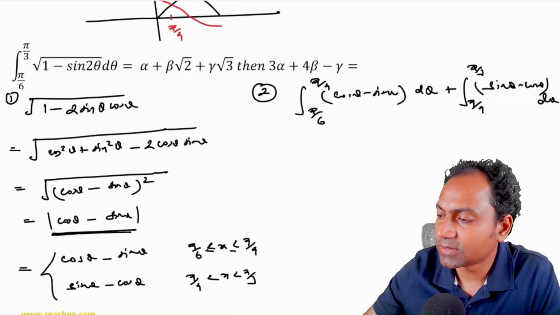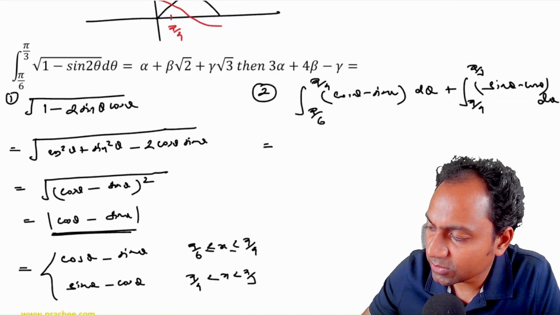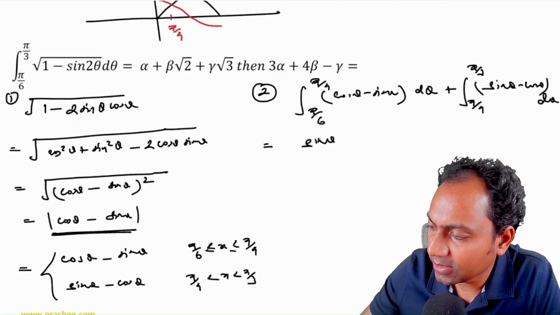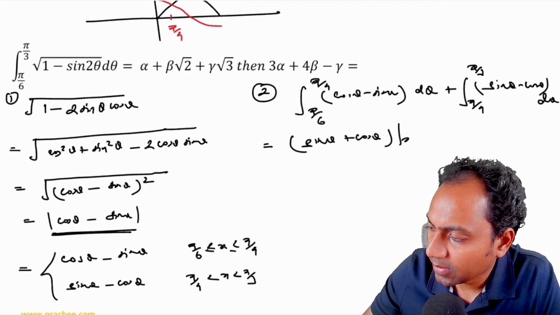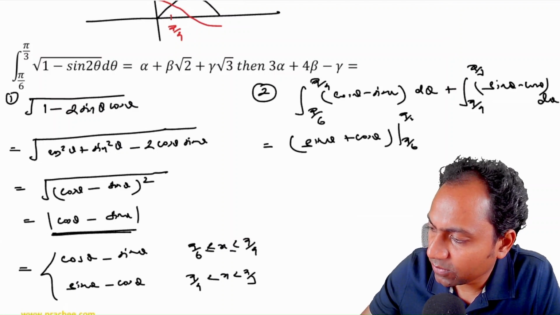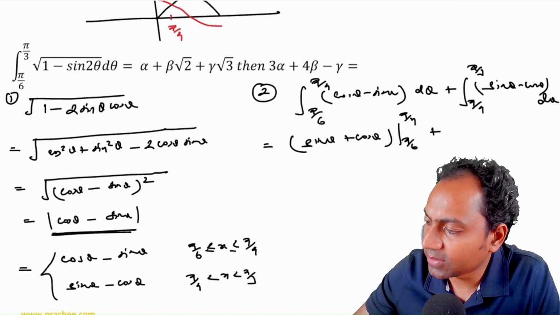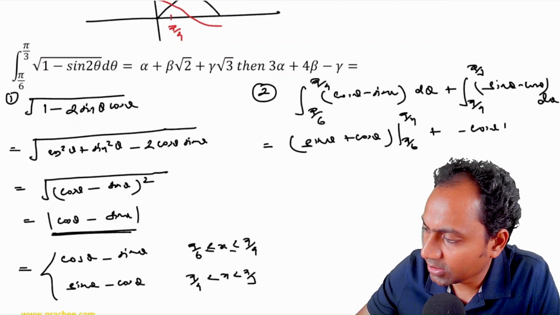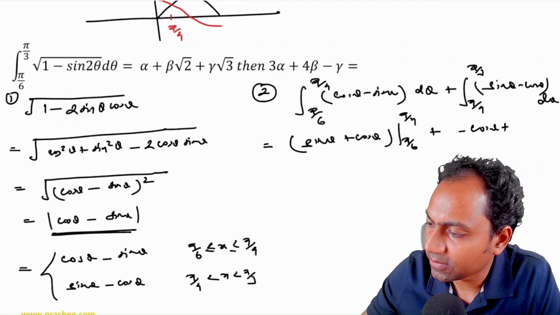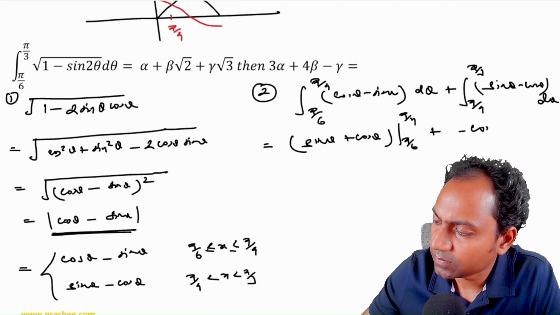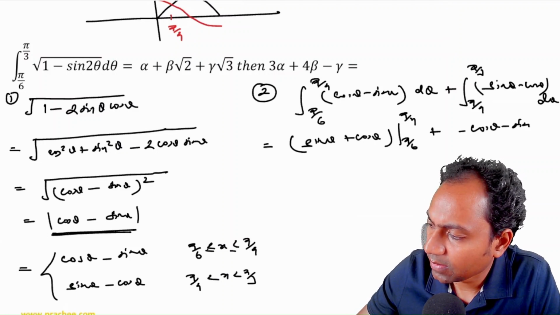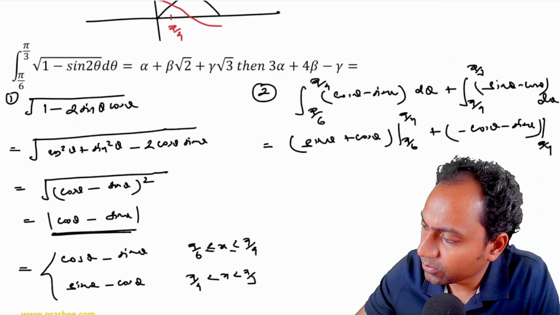So if this happens, what is the answer? The first part becomes nothing but sin theta plus cos theta, from pi by 6 to pi by 4. And the second part becomes nothing but minus cos theta plus sin theta, from pi by 4 to pi by 3.